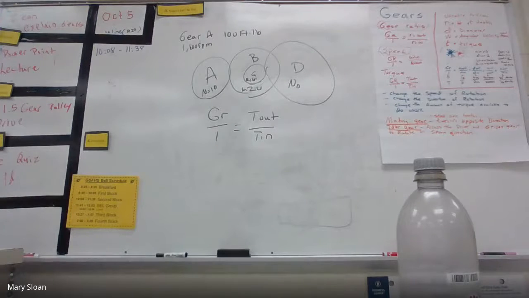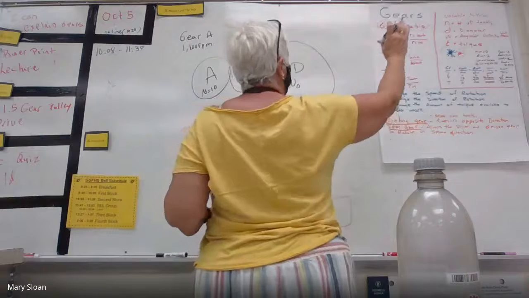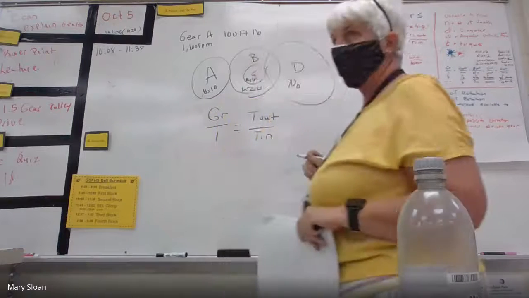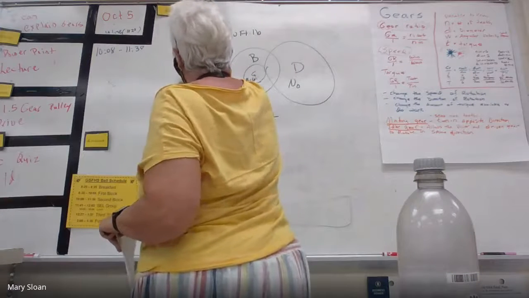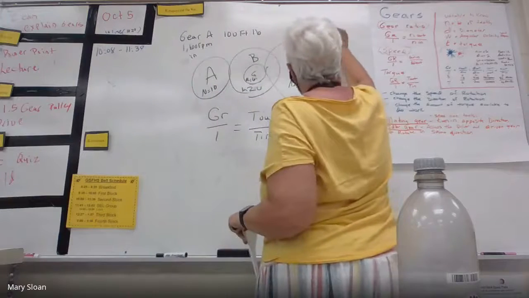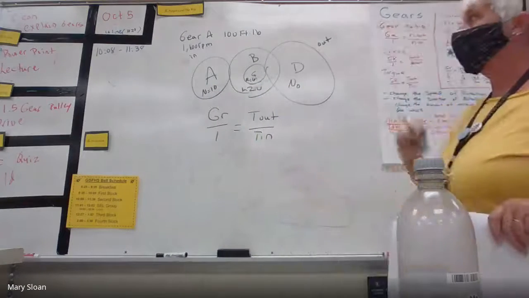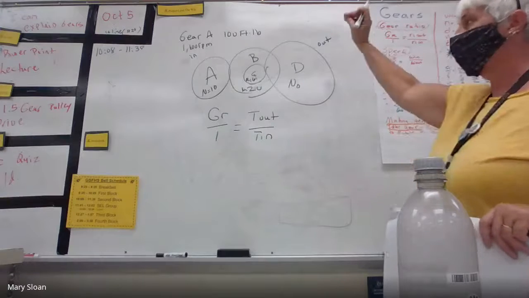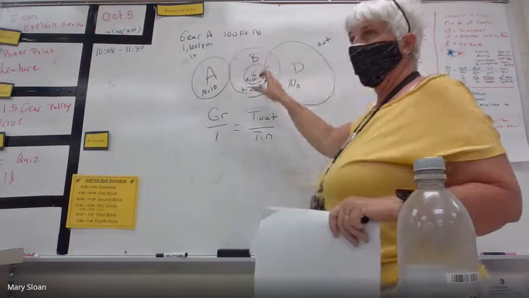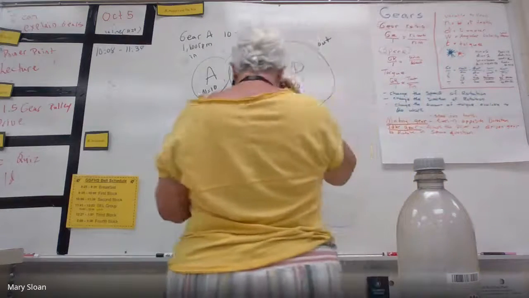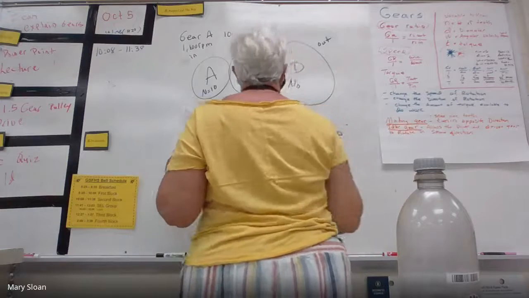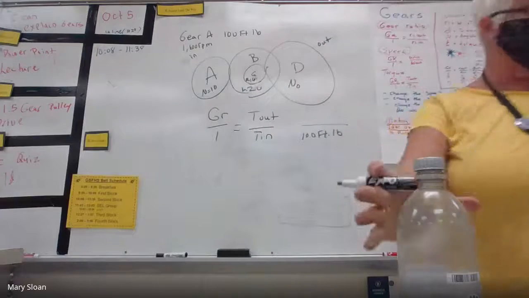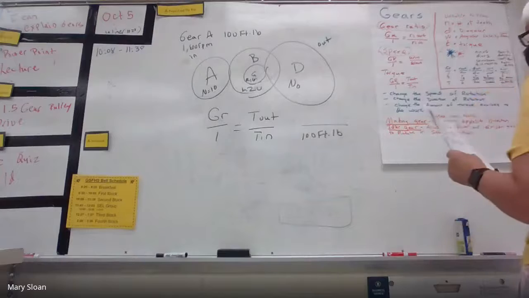Okay? Where's my torque in and where's my torque out here? Or better yet, where is my number of teeth in and number of teeth out? This is my in, right? Number in, or you can just write in. This is my out. So what is it looking for? The torque in. What is my torque in? Right, 100 feet per pound. And then it told us in the paper how much torque out it was, right?